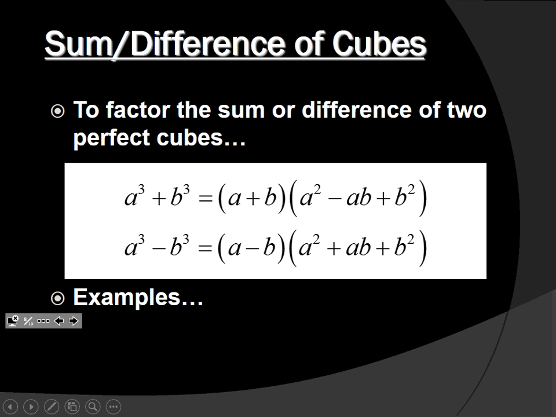And I've given you the format for how we're going to factor the sum or difference of perfect cubes. Now looking at that, that would be hard to memorize, that if you have a cubed plus b cubed, it's going to factor into a binomial, a plus b, and then a trinomial, a squared minus ab plus b squared.